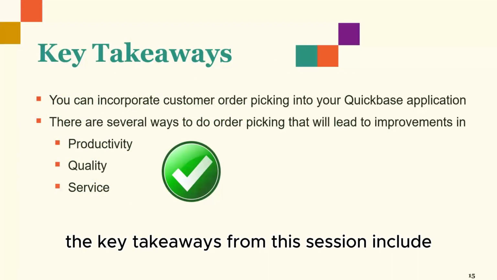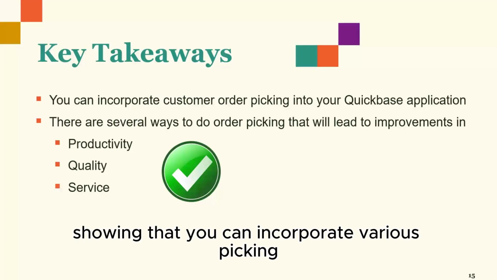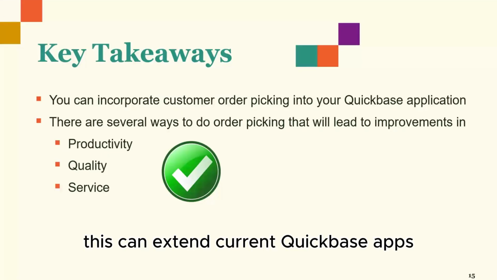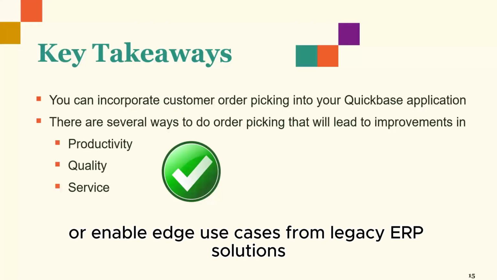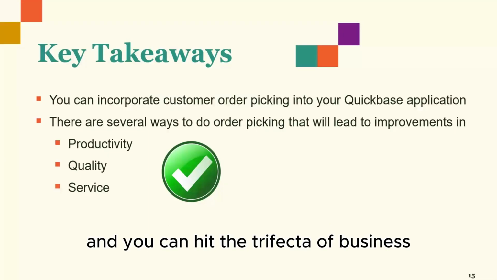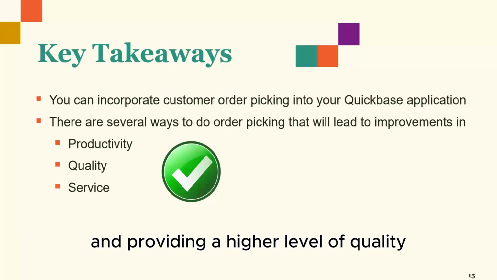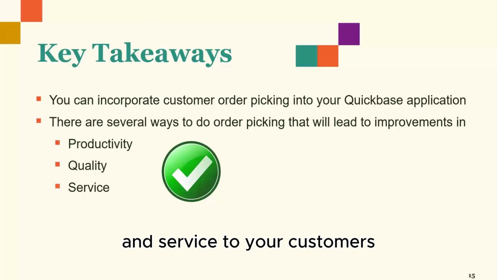The key takeaways from this session include showing that you can incorporate various picking methodologies into Quickbase applications. This can extend current Quickbase apps or enable edge use cases from legacy ERP solutions. And you can hit the trifecta of business process improvement by improving productivity and providing a higher level of quality and service to your customers.